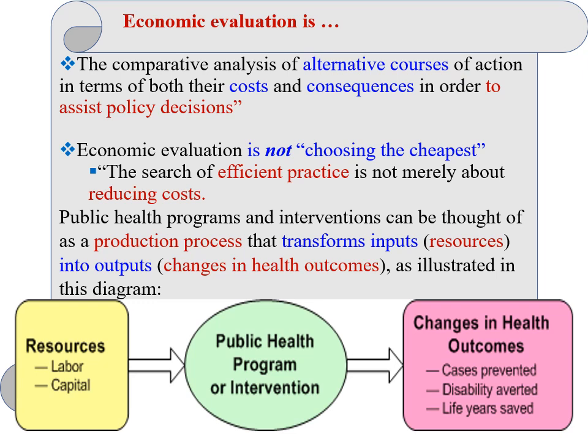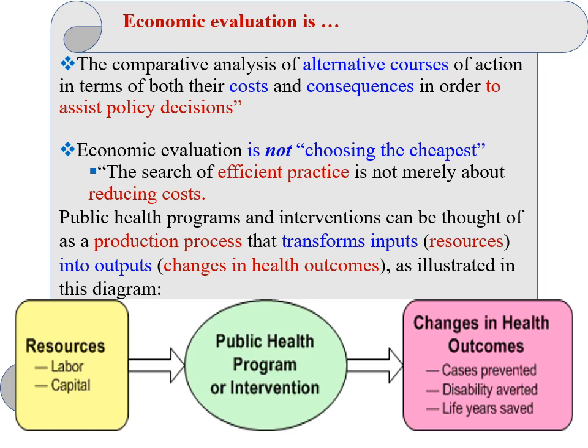So the outcome is either cases prevented or disability averted. If we give any treatment to the people with early intervention, sometimes we prevent disabilities through early intervention, through early treatment, and we prevent disability, in addition to life years saved. Sometimes we save the life of the people and they live for a period of time because of the early intervention.